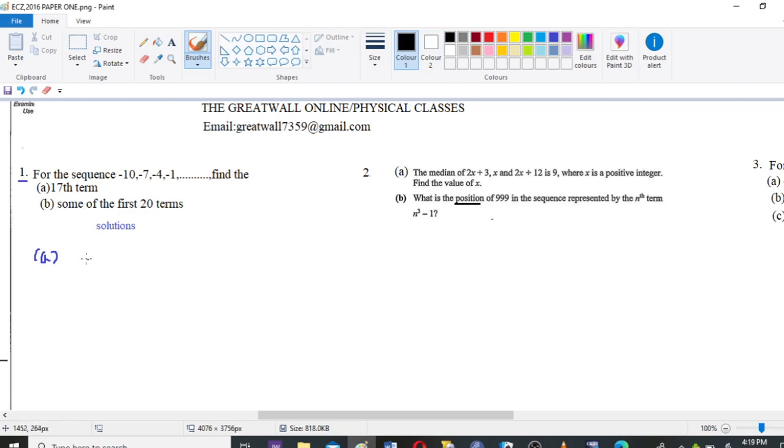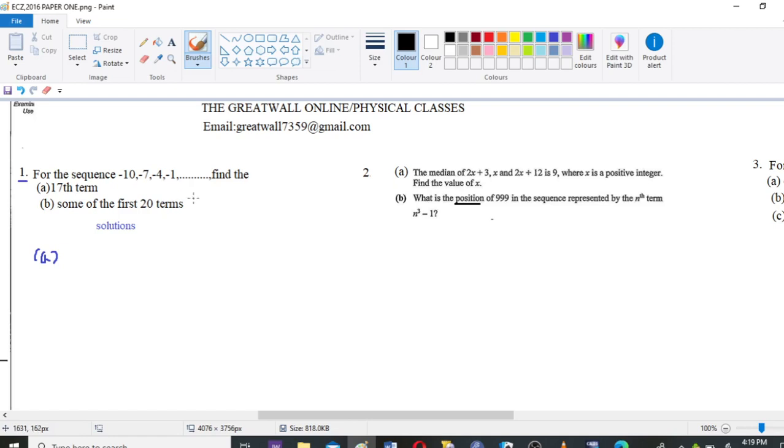So what are we going to use? You need to know all the formulas which are used under arithmetic progression. Remember, the way you can differentiate geometric progression from arithmetic progression is by finding the common difference.